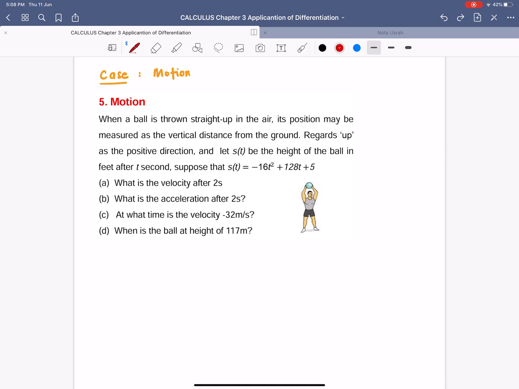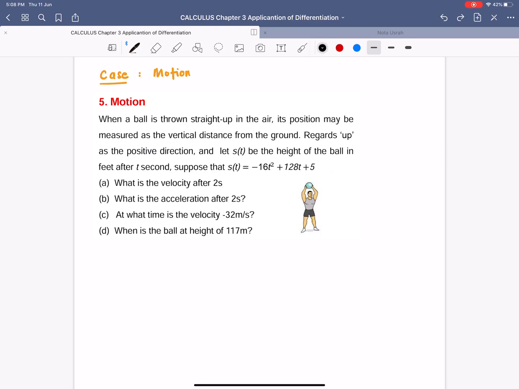Okay, before we proceed with the solution for A to D, I want to explain first a simple concept of motion that you have actually learned in secondary school, or in matriculation, or maybe in diploma.